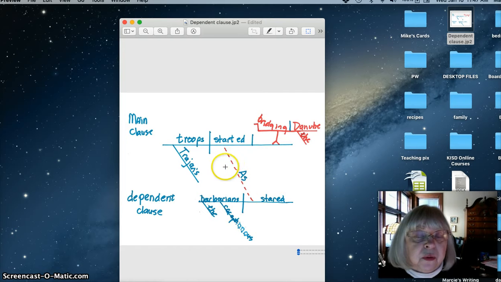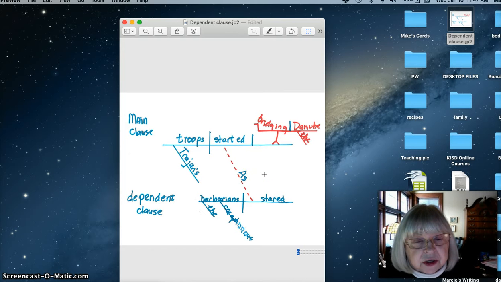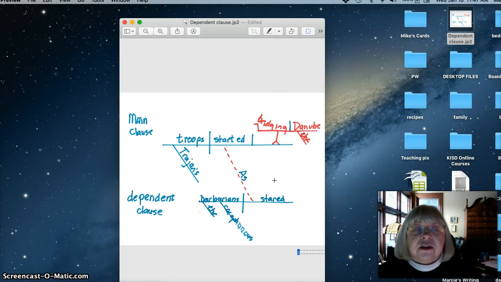Why do I know to put it here? Because this is giving information about what happened when it started. So we know that in this case, as a subordinating conjunction, is working as an adverb.